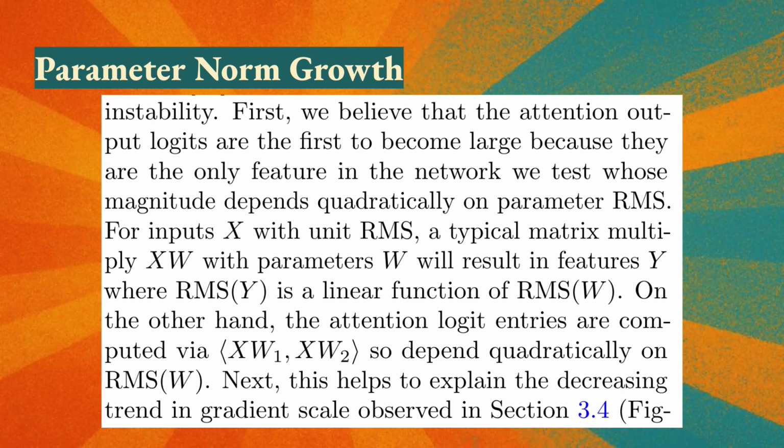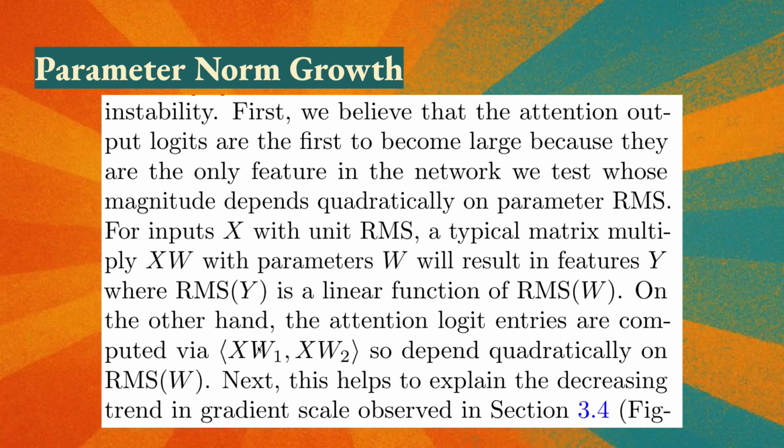For inputs X with unit RMS, a typical matrix multiply XW with parameters W will result in features Y, where RMS Y is a linear function of RMS W. On the other hand, the attention logit entries are computed via the dot product, so you're multiplying 2 sets of matrix multiplications, so it depends quadratically on the root mean squared of the weight.